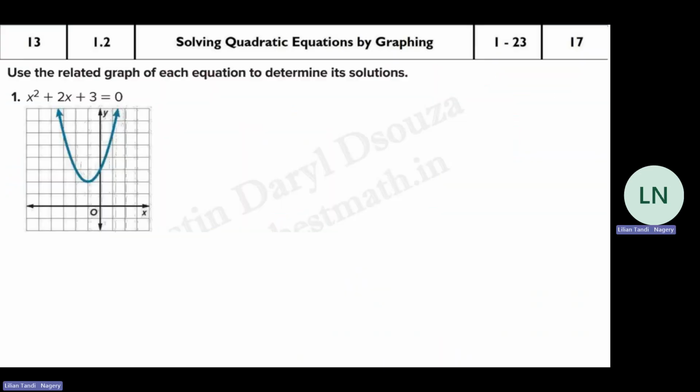Okay? Now we want to solve by graphing. We've been given a graph to determine solutions. Your graph is the blue line. The black lines are called the coordinate plane.